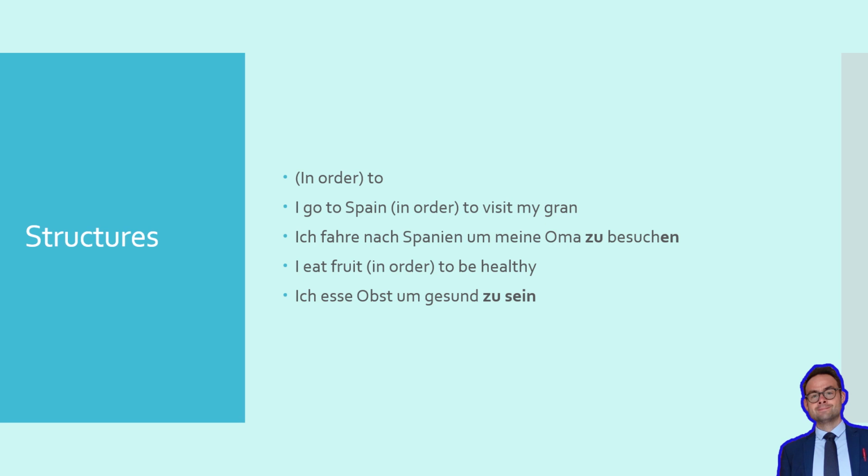So zu goes at the end, followed by the main verb, which always is going to end in en unless it's something like sein, to be, like gesund zu sein. So the last two words in that type of structure, I eat fruit in order to be healthy: Ich esse Obst, gesund zu, second to last, sein, infinitive verb, at the very end.